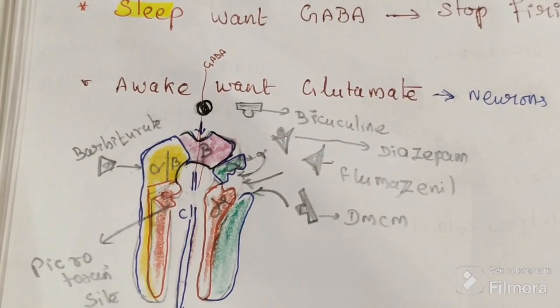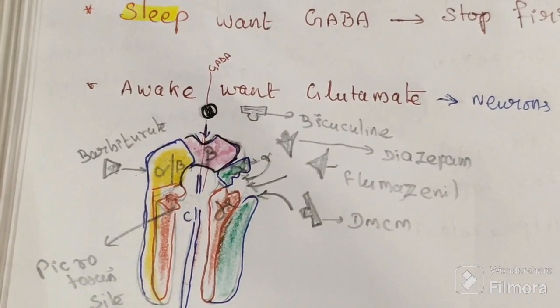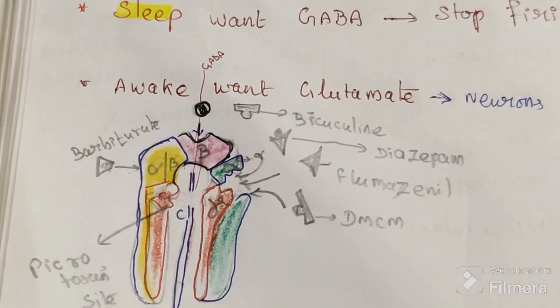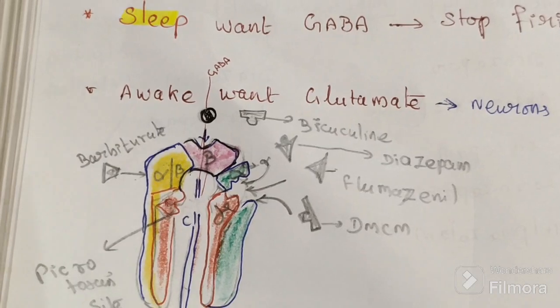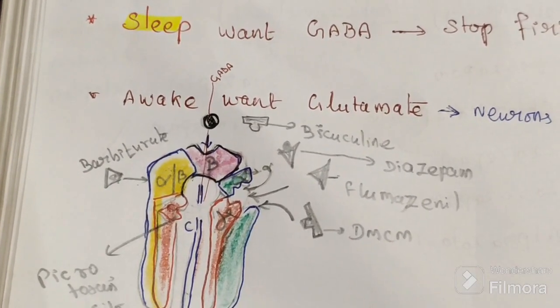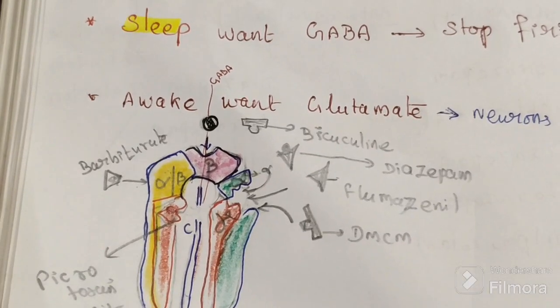It will open the chloride channel, chloride will go inside and hyperpolarize the membrane of that neuron, so the neuron will stop firing. It will be inhibited.